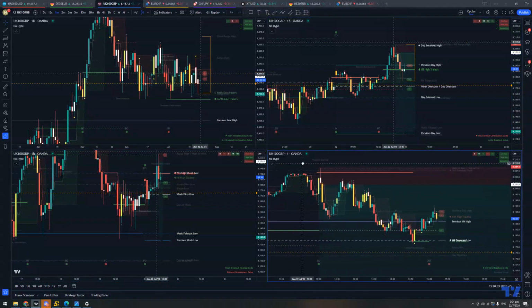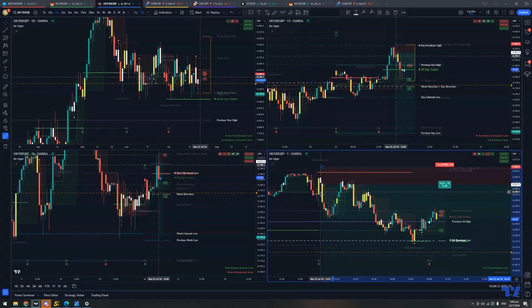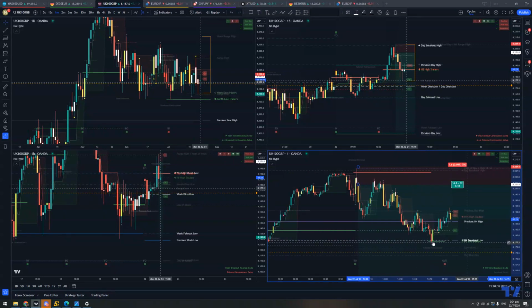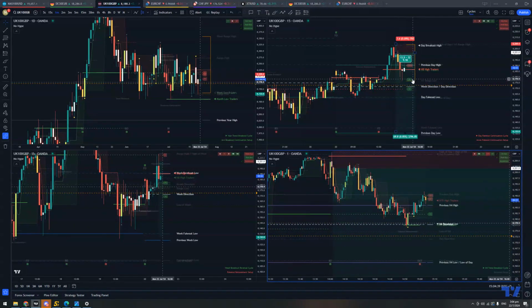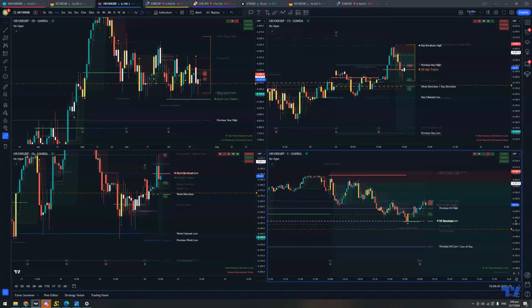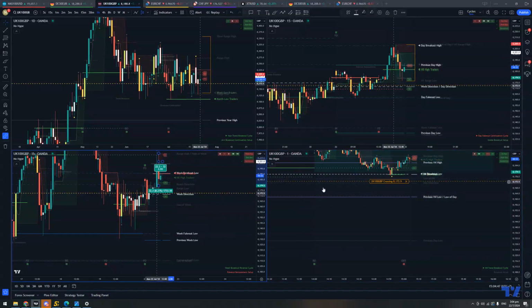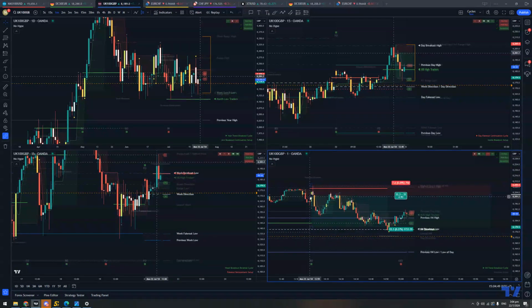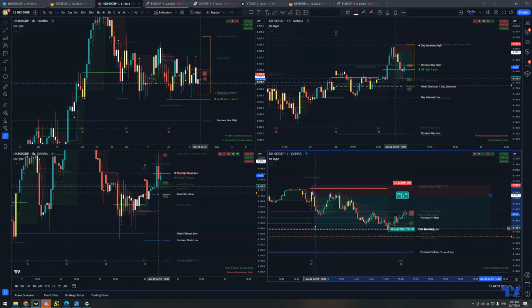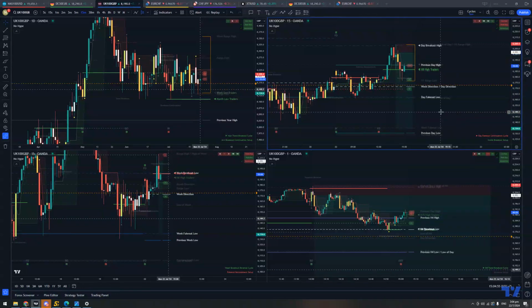Didn't quite do that. It went all the way down, and around here it reversed at the H4 breakout level. Because H4 is still bullish, once that happened, I took partials, around 3R, and I'm going to see if it continues down.